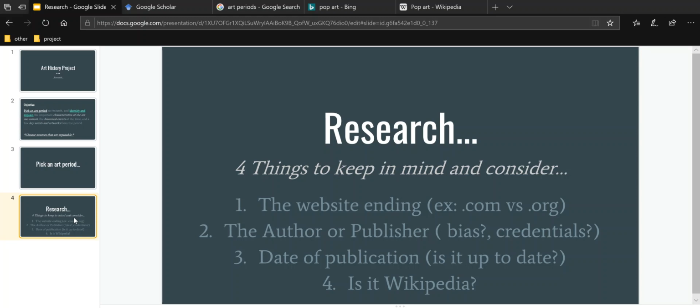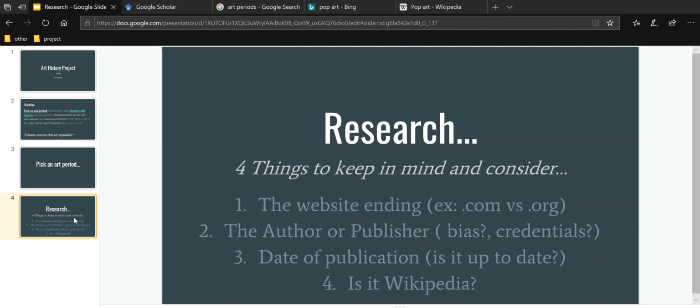The second thing to keep in mind is who's writing the material, the author or the publisher. So everyone has biases, and we want to keep that in mind when we're researching. For instance, if for some reason you're researching pens, and you're just reading information from an author who works for Bic, then you probably aren't getting the whole side of the story.